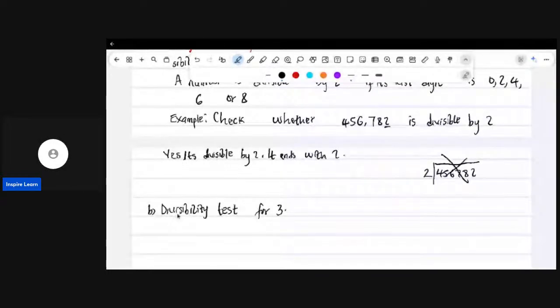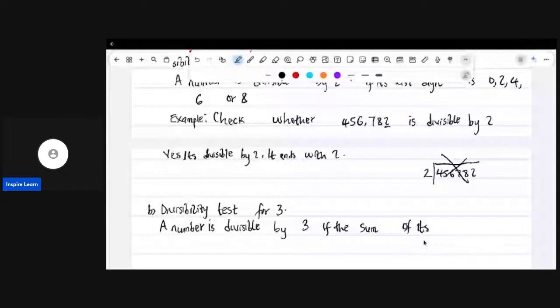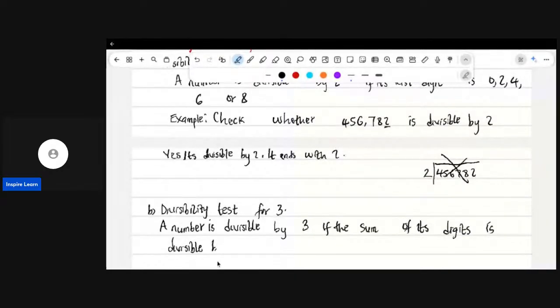It says that a number is divisible by 3 if the sum of its digits is divisible by 3.